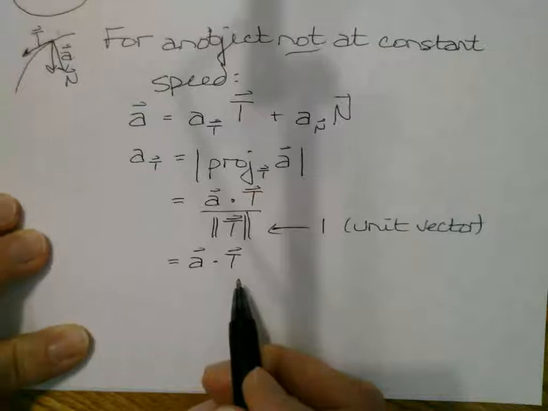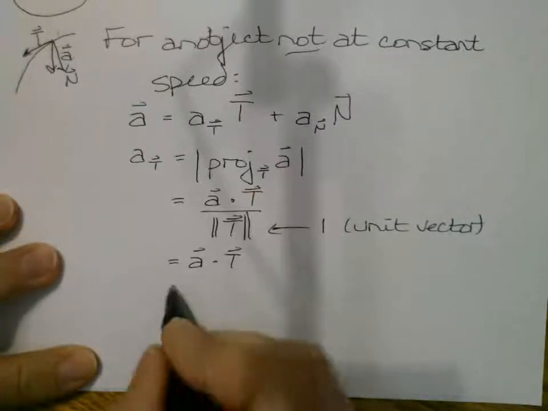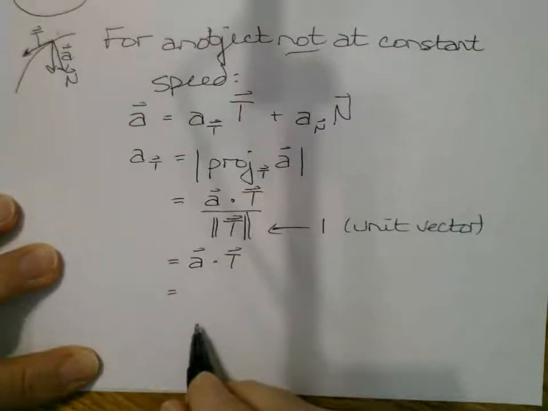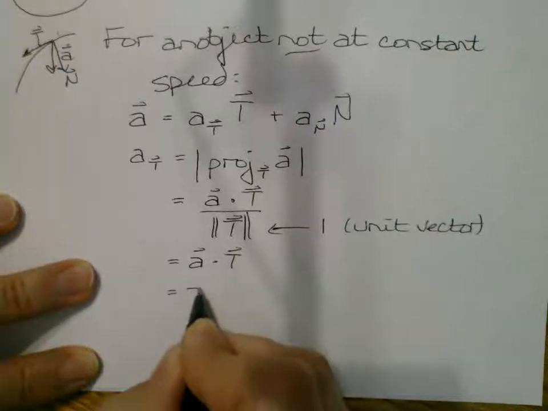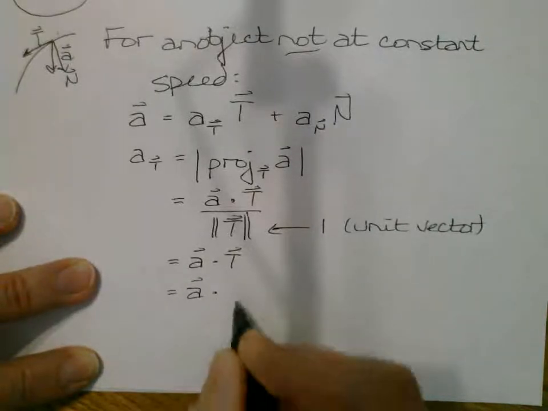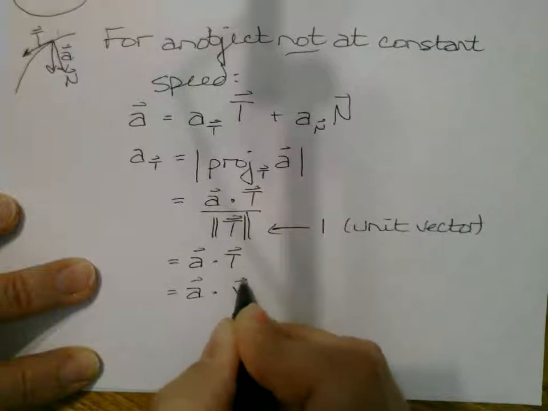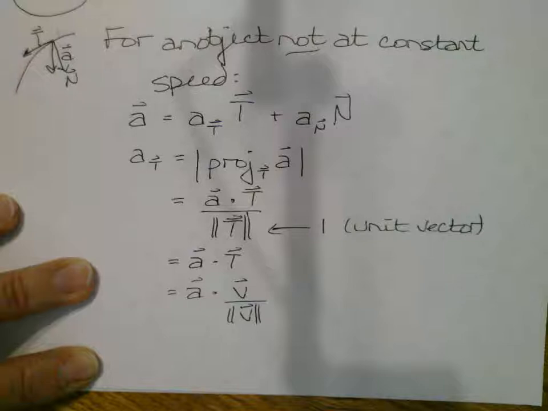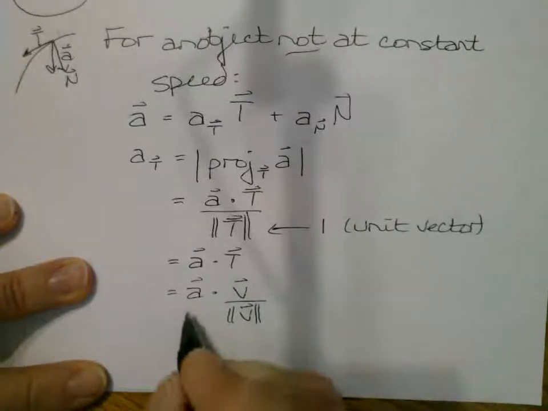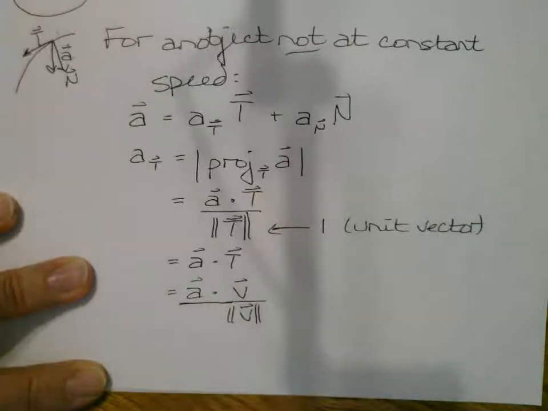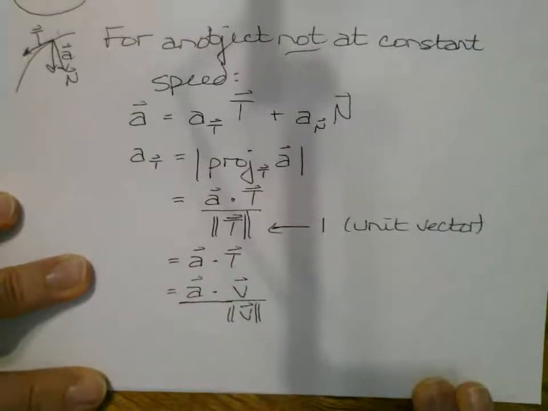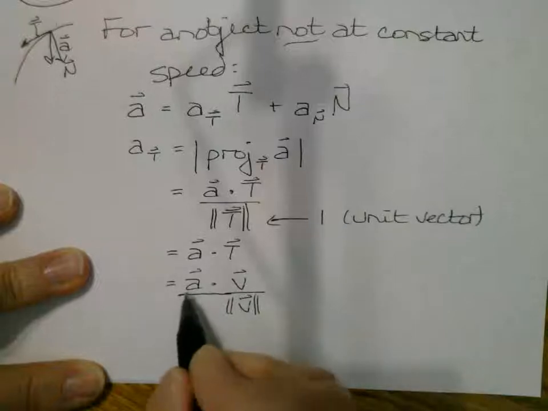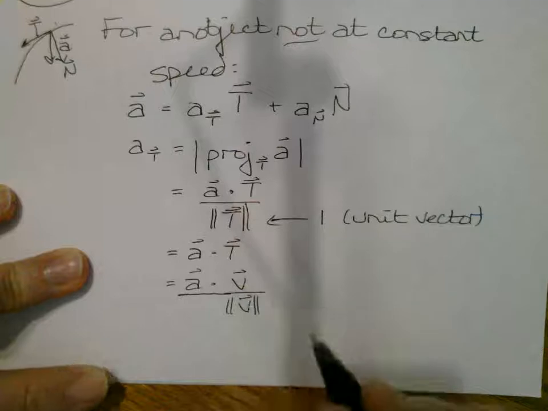But also, the unit tangent vector was the derivative of my original function, which we could call its velocity, and it's a unit vector. So we're dividing by the magnitude. But in terms of our original function, acceleration is the second derivative, and velocity is the first derivative.